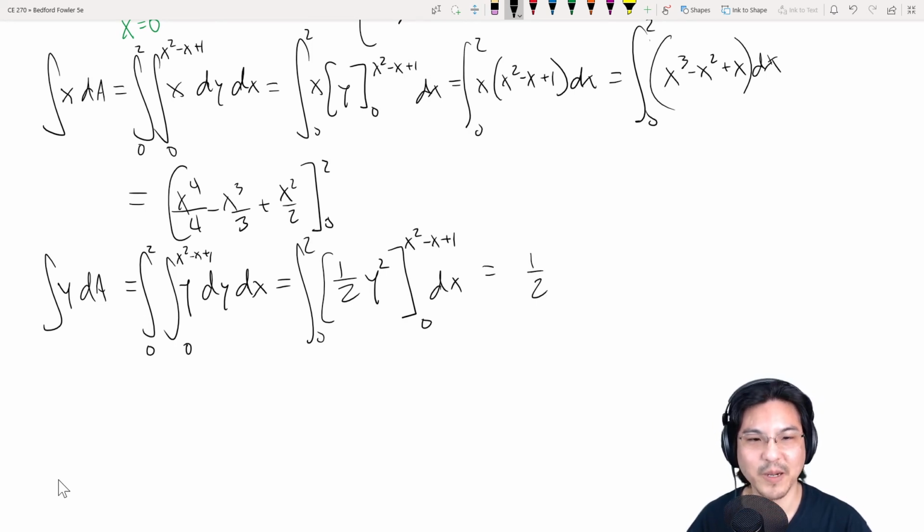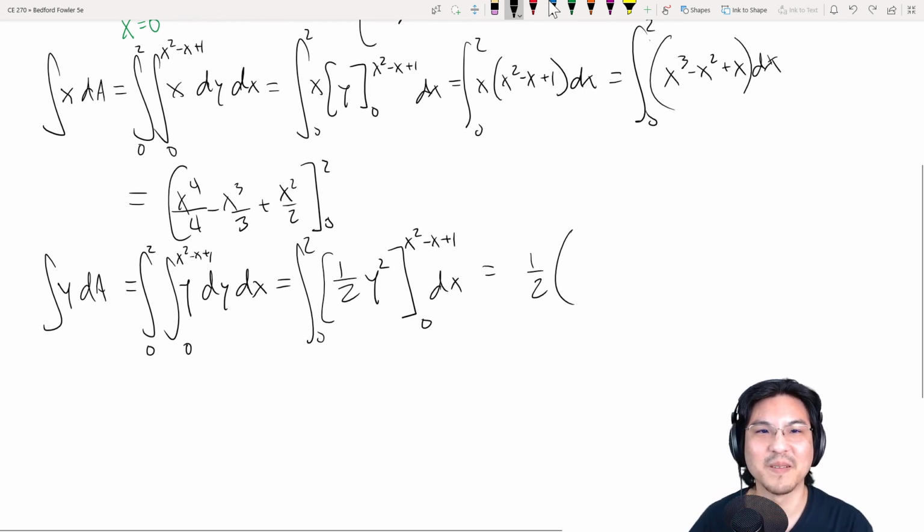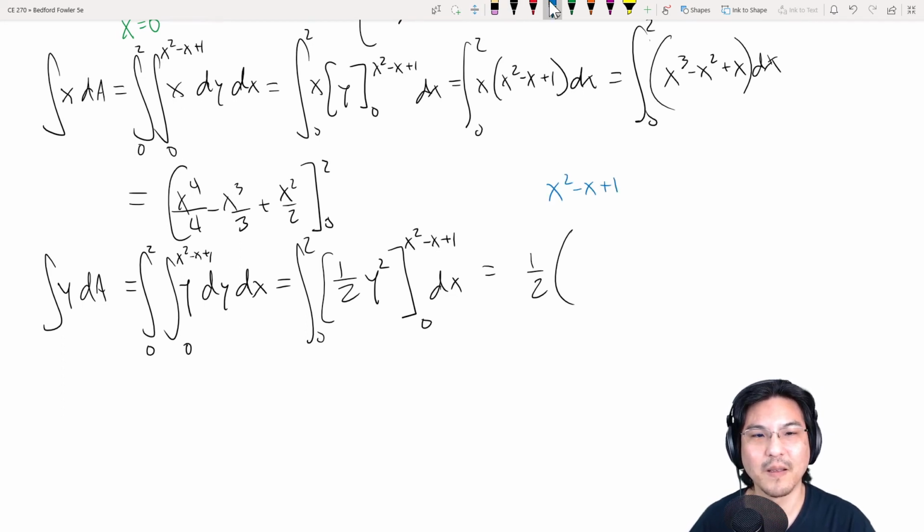So y squared, now we have to square this whole thing, right? So maybe, let me just write it like this. Right, this squared. I'll do it slowly. So when you square it, you can go just like distributive property, this times this whole thing. So let me write that down.